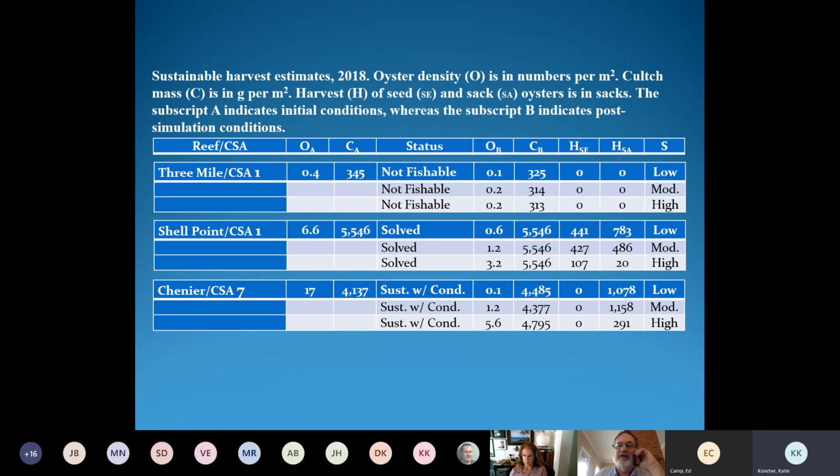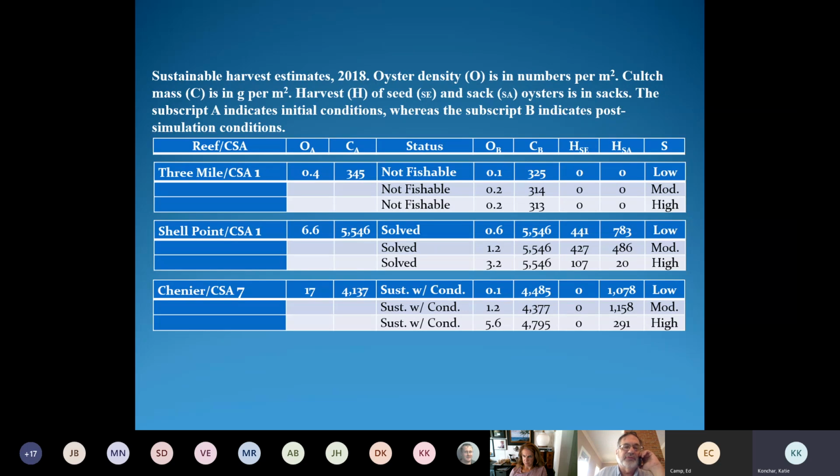And given under harvest is the different number of sacks, the number of sacks under low, moderate, and high conditions. So this is not a large amount of harvest. When you only have about 7 oysters per square meter, you're not going to get much of a harvest.